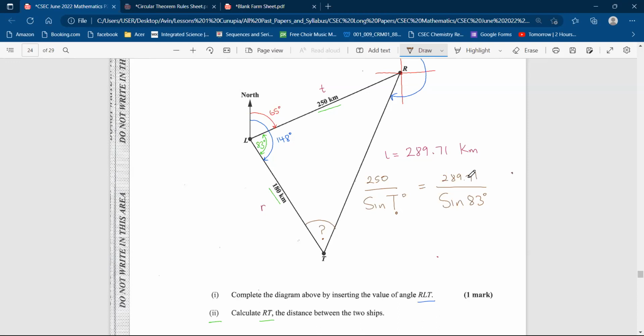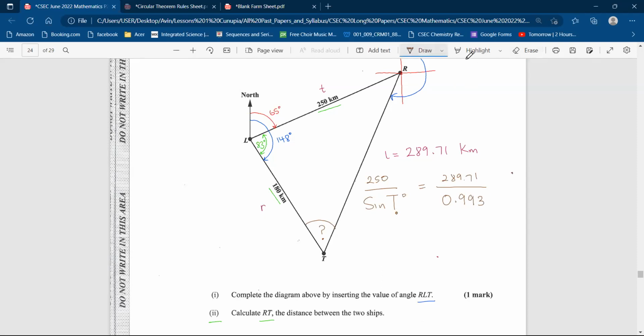So sine 83, are you all getting 0.993? If we go to 3 decimal places, you can try it out. Sine 83, this is what I am seeing on my calculator, 0.993 to 3 decimal places.